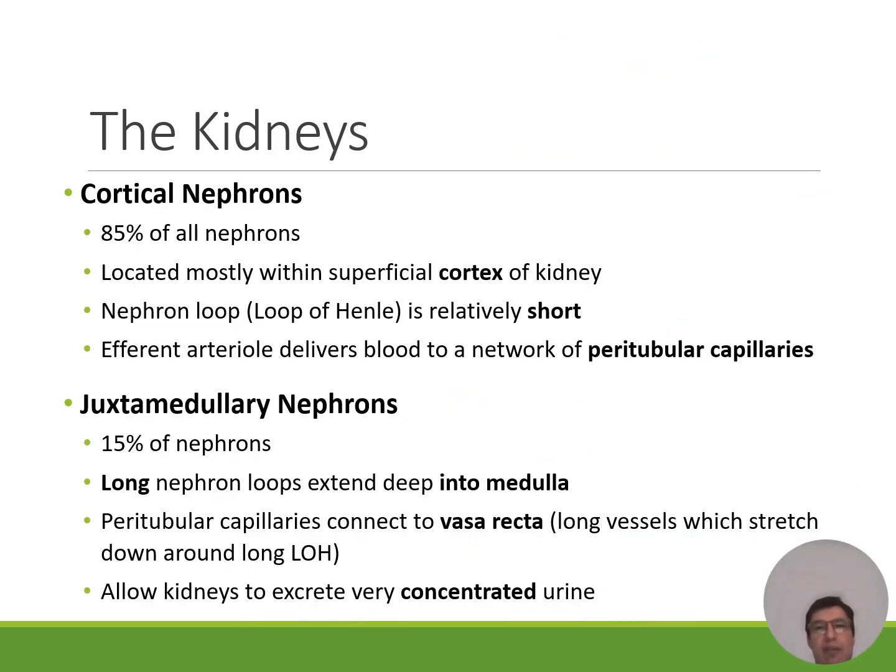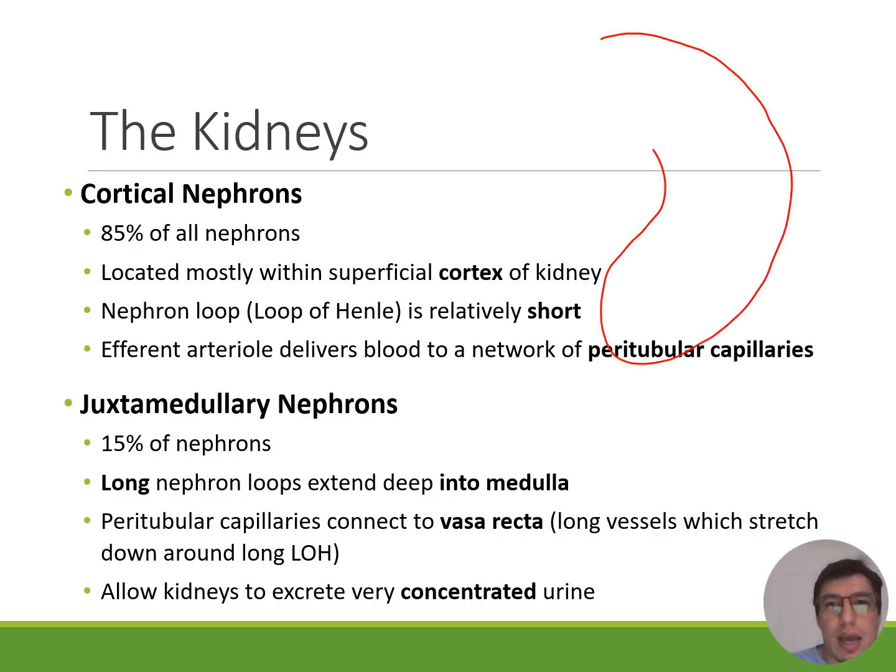All right, diving into the positioning of those nephrons. We have cortical nephrons and we have juxtamedullary nephrons. Remember that your kidney has two different sections. We have the cortex, which is like the right outside, and then we have the medulla.